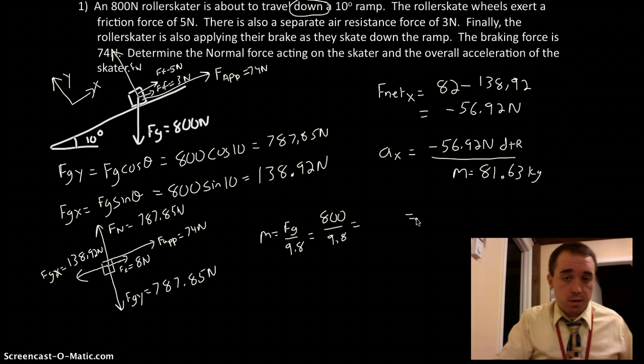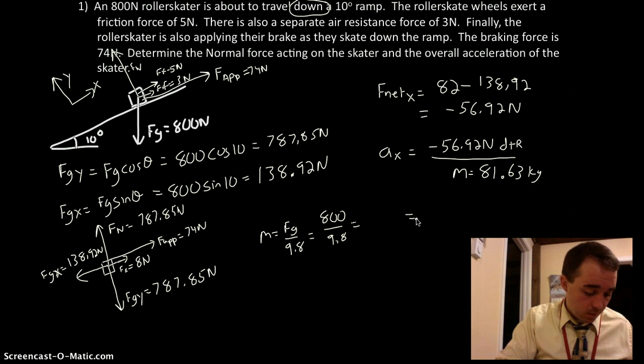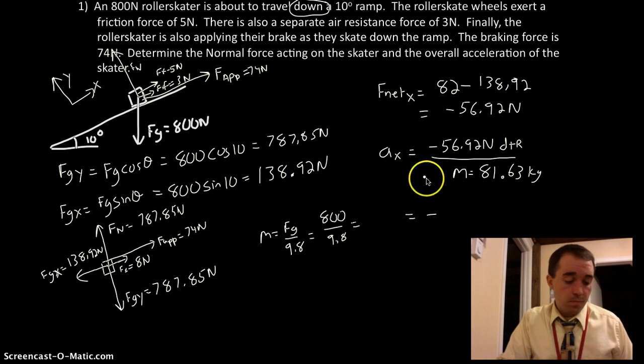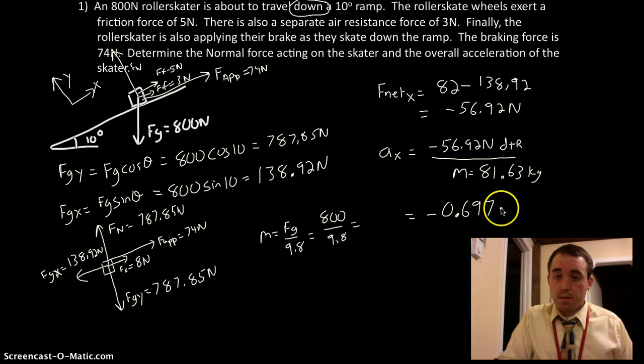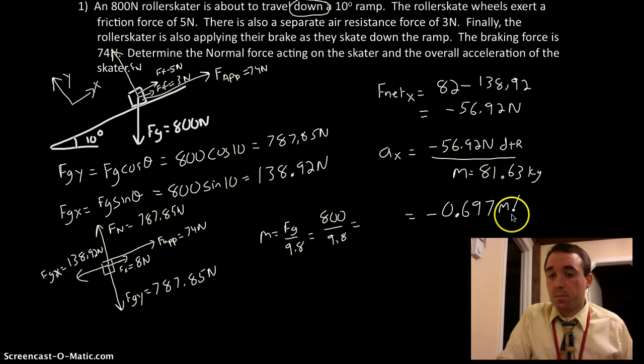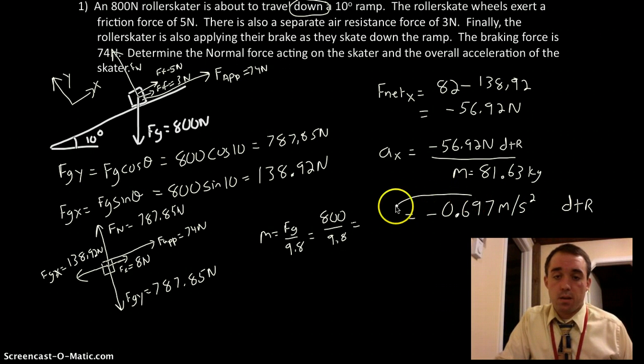Simple division will give us our acceleration, 56.92 over 81.63, negative 0.697, or 0.70, doesn't matter. Meters per second squared. That negative means down the ramp, DTR.